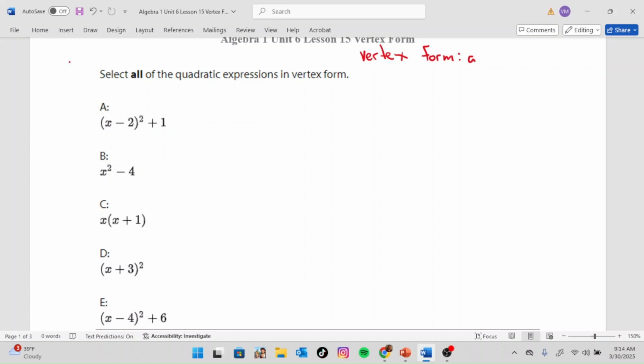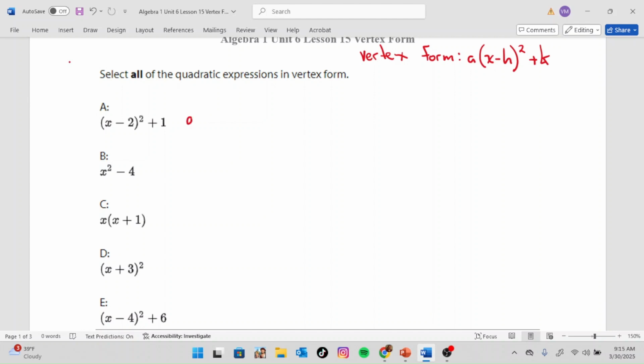Vertex form is a times x minus h squared plus k. And that is exactly what a looks like.